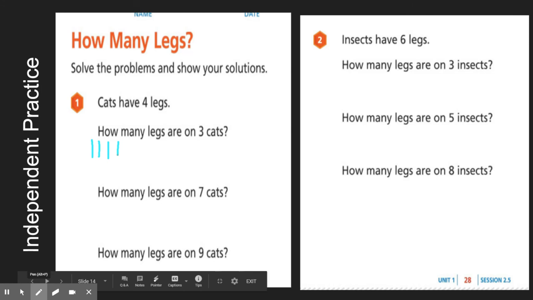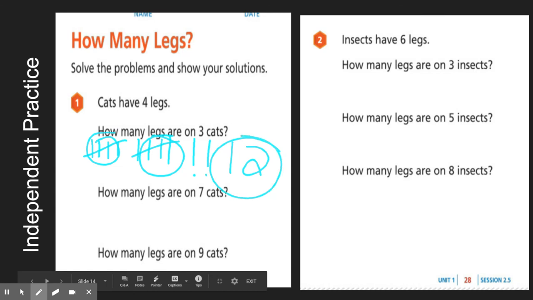I'm going to add another 4. 1, 2, 3, 4. But there's 3 cats, so I have to add it one more time. 1, 2, 3, 4. How many's here? 5, 10, 11, 12. Let me show you a different way to solve that.